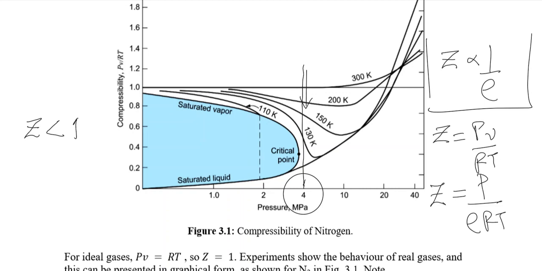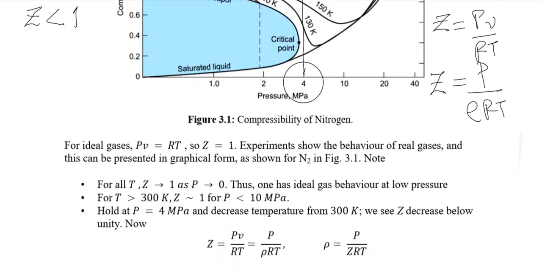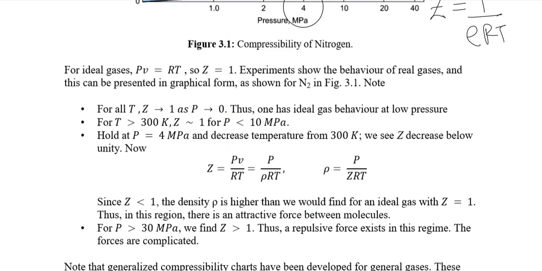If Z is getting lower, the density would be increasing. If density is increasing, ultimately there would be some attractive forces between the molecules, which would increase the density. So if I'm decreasing the compressibility factor, it will increase the density by the molecules attracting each other.